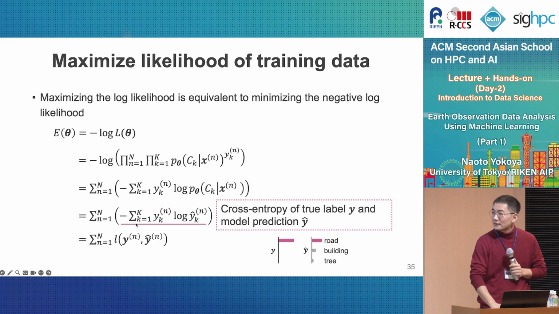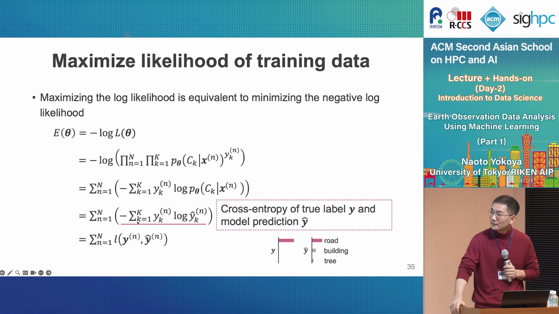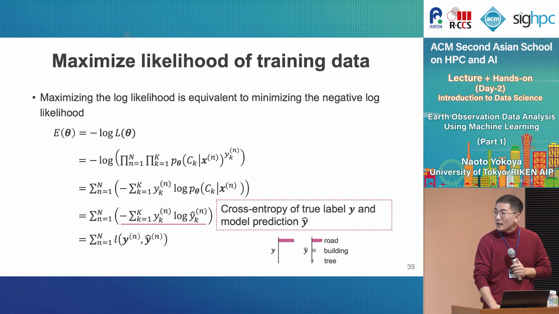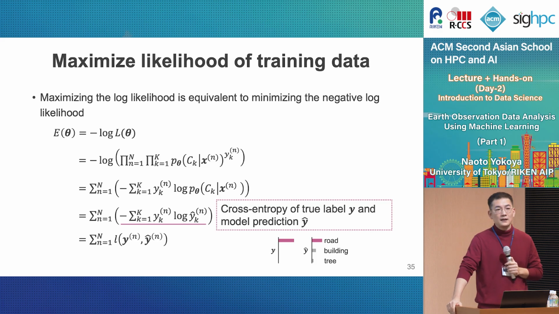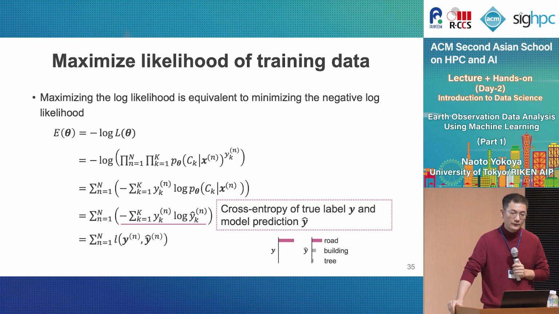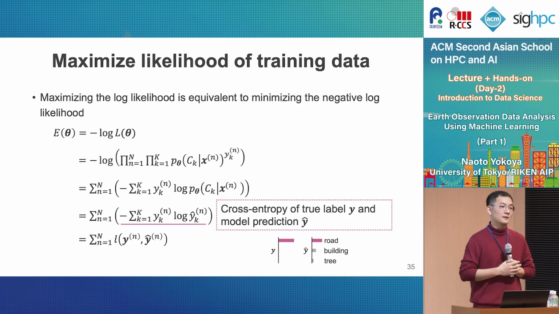And this part, summation over k, is with respect to different classes, okay? And this term is well known as the cross entropy of the true label and model prediction, okay? So that's why we are using cross entropy, right? Without thinking, we often use just cross entropy as the loss function.